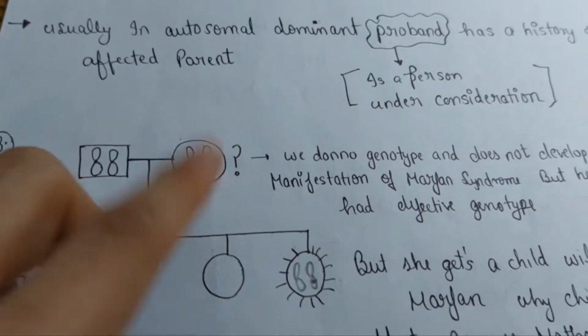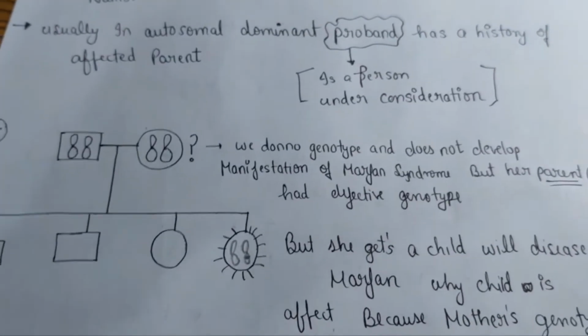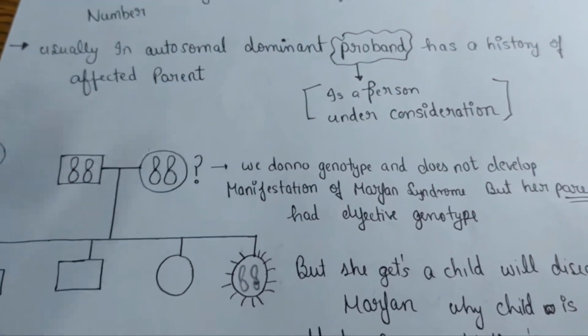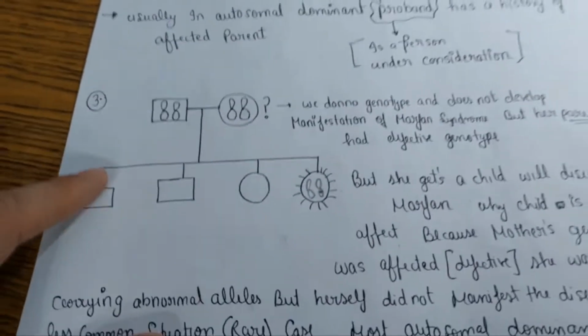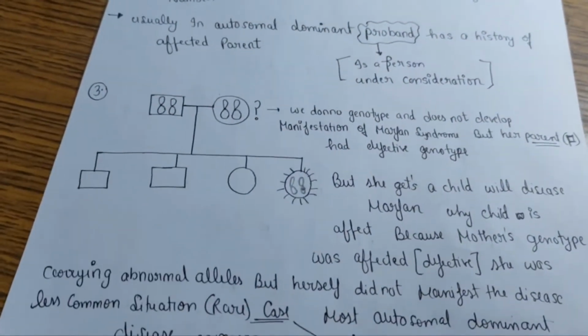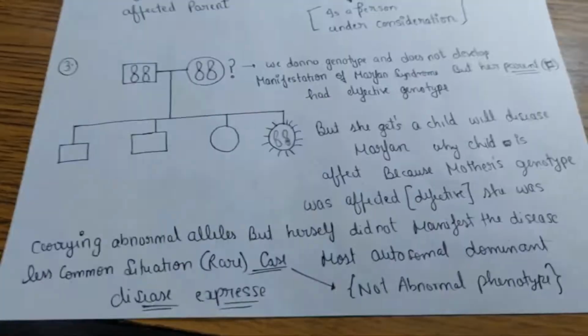For this kid, we don't know the genotype because she did not manifest Marfan's syndrome, but we remember that her mother or parent had the defective genotype. But when she has kids, one of her kids is affected with Marfan syndrome. Why is that so?